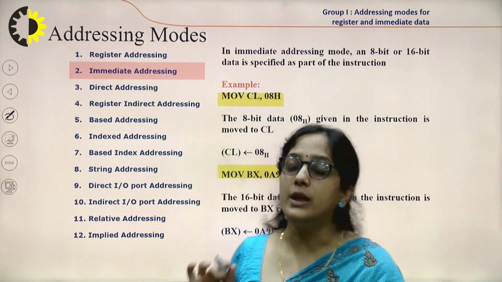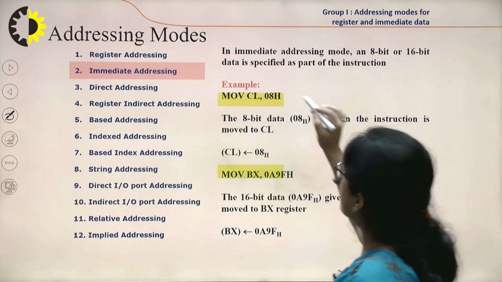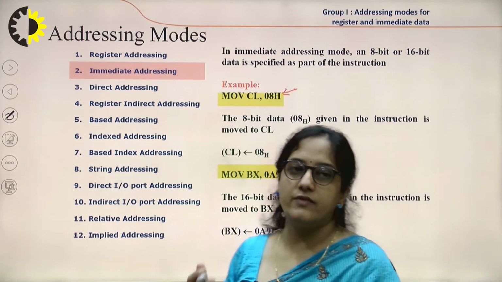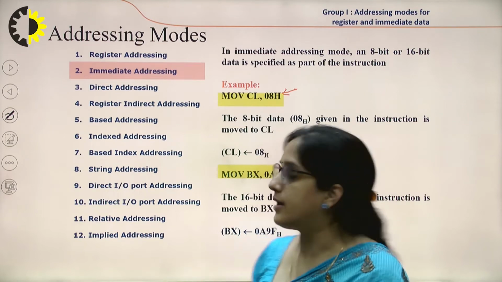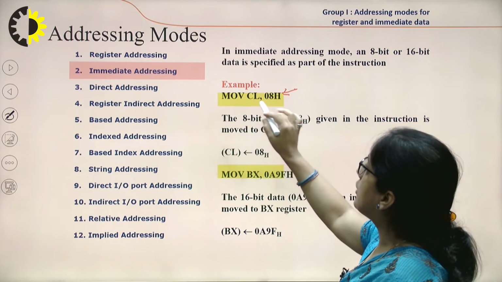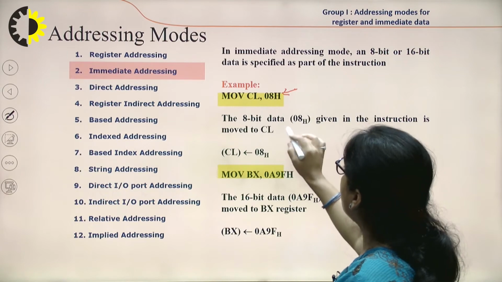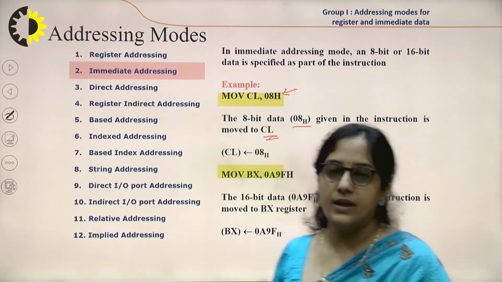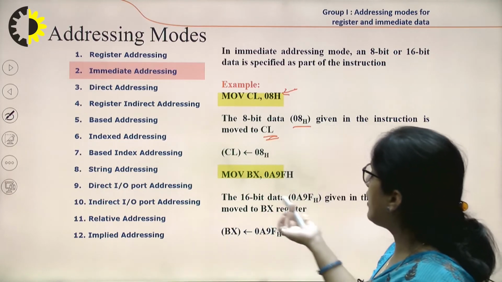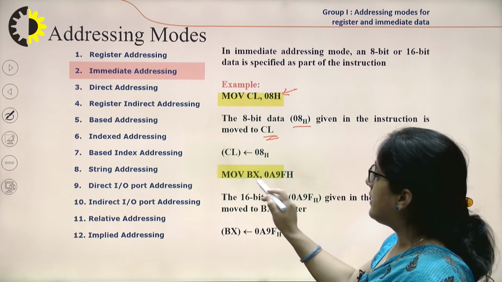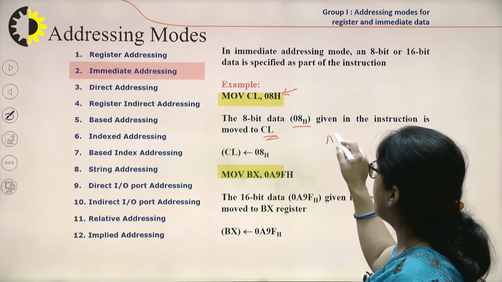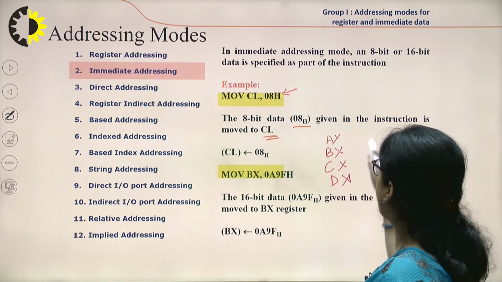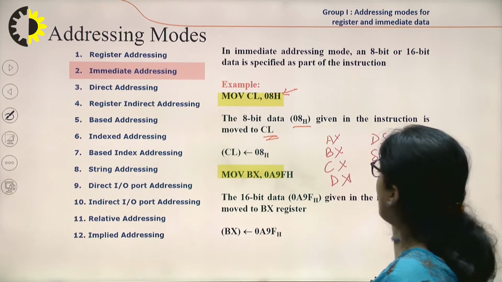But in case of immediate addressing, we are specifying the data in the instruction itself, that is the immediate. That's why we call this instruction immediate addressing. In case of MOV CL, 08H, the data 08H gets stored in CL. CL is an 8-bit register. If we have to store 16-bit data, then we can use either AX, BX, CX or DX, or we have DS, SS, all these registers.